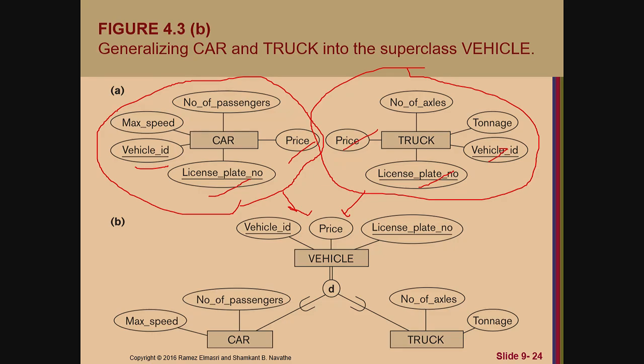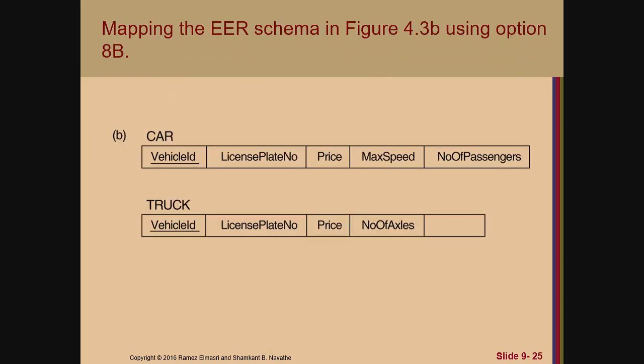Similar, right? If similar, you can combine them as a superclass. Anyway, now this one is total participation, so you can use this technique to separate the table into subclass tables, just only subclass. Car and truck only. We don't have to create the superclass. You can ignore that. And the information of the superclass, you just merge into the subclass relation.